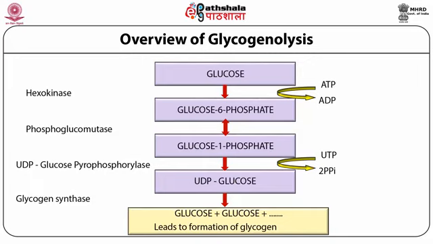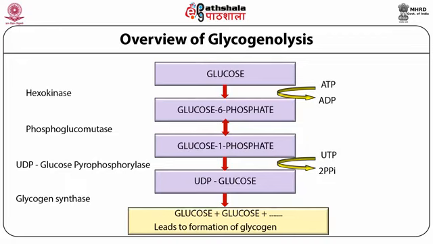Glycogenesis and glycogenolysis occur by different pathways. Glycogen synthesis involves the use of an activated form of glucose. Mammals, fungi, and eukaryotic heterotrophic microorganisms use UDP glucose, while bacteria and photosynthetic eukaryotes use ADP glucose.